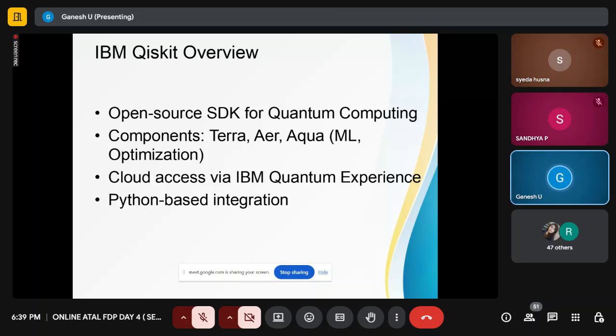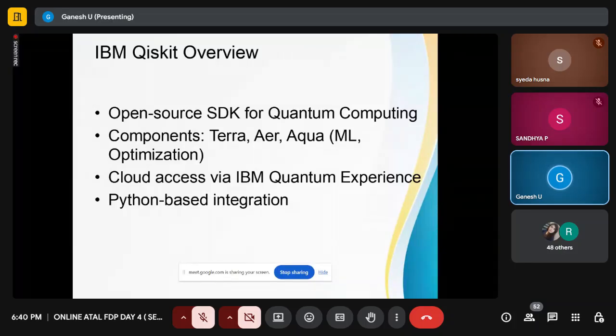Now we will see the IBM Qiskit overview, an open source software development kit for quantum computing. There are several powerful open source software development kits available for quantum computing, the most popular being Qiskit.